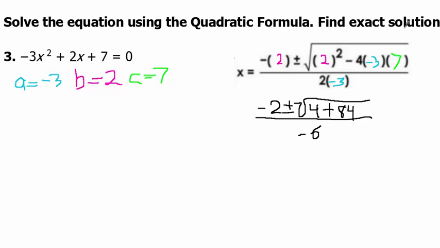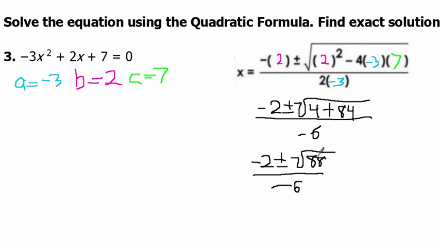Now this one says something a little bit differently. It says find the exact solution. The first ones that you do, you're going to be rounding, and then you're going to start simplifying and finding exact solutions. And the thing that changes is once I have a square root, I am not going to grab a calculator. I am going to look for the perfect square root, what we did on the worksheet on perfect squares.